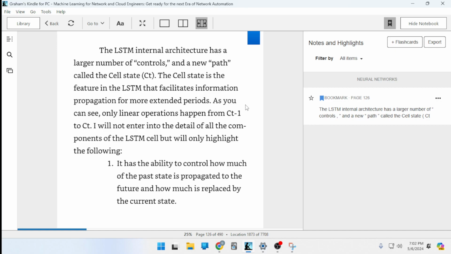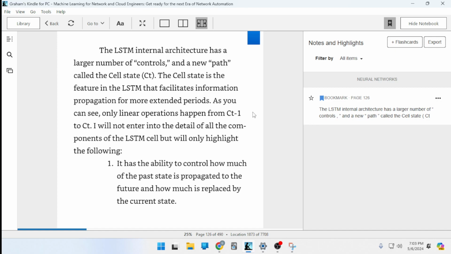As you can see, only linear operations happen from C_{t-1} to C_t. I will not go into the detail of all the components of the LSTM cell, but will only highlight the following.